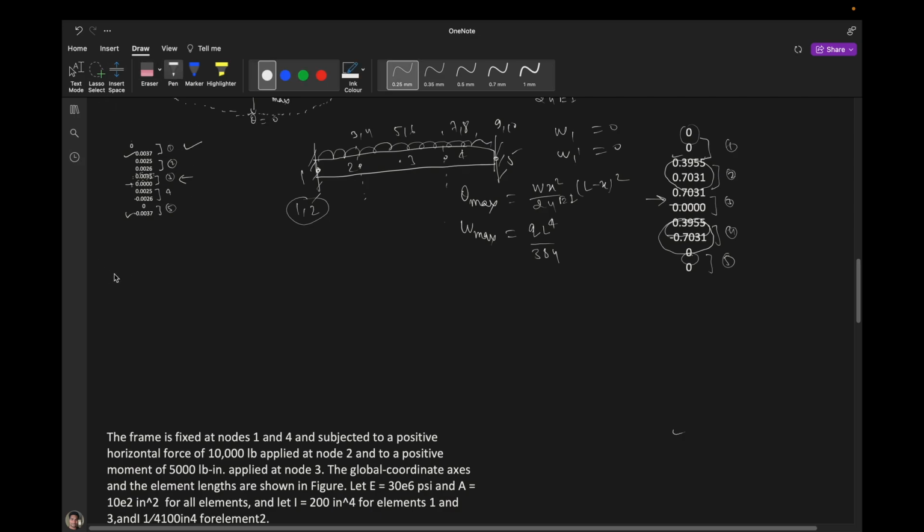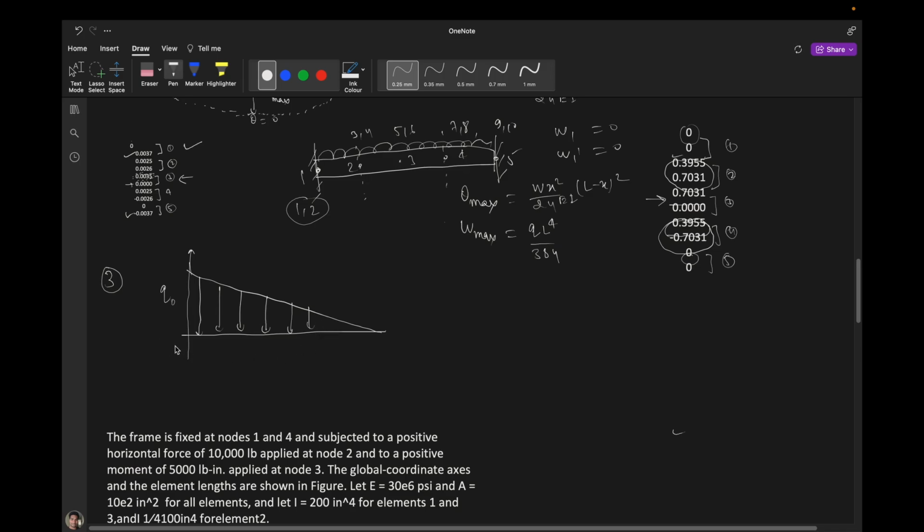This is problem number 3. The problem is something like this. It is not UVL, it is VDL, varying distributed load, and it is Q naught.